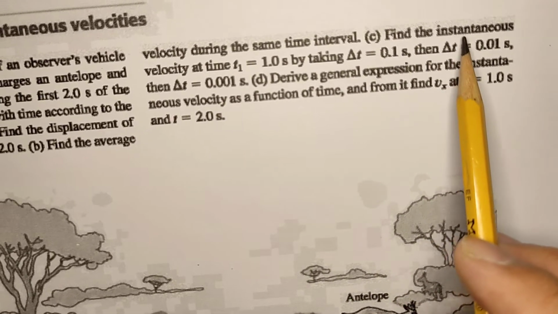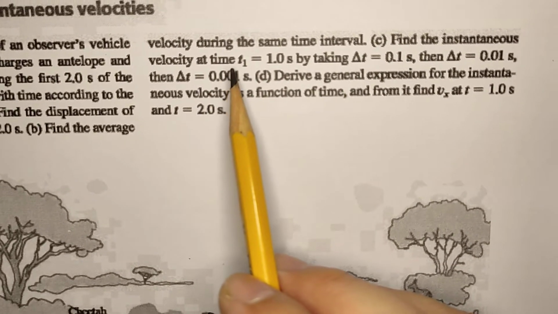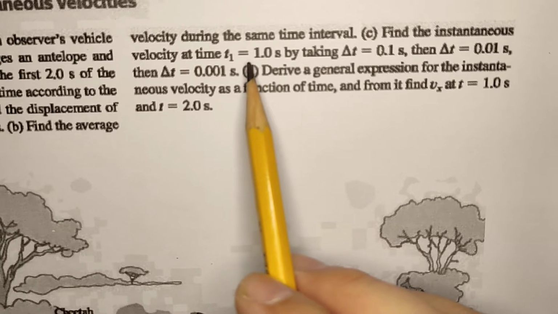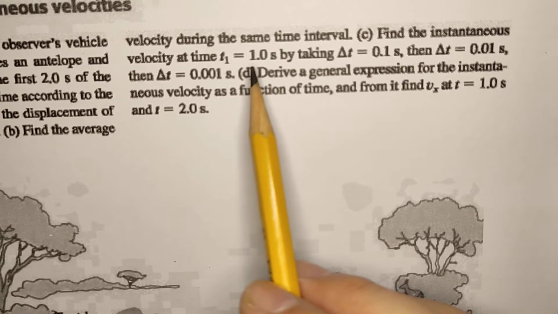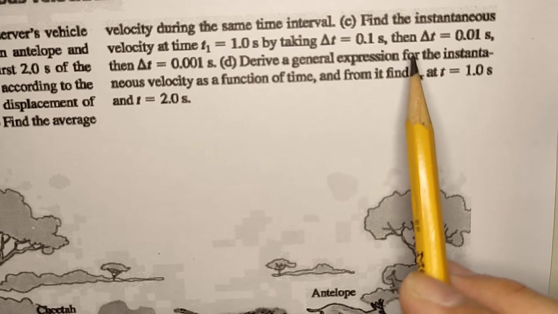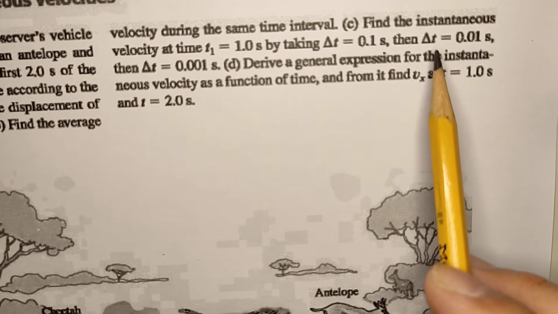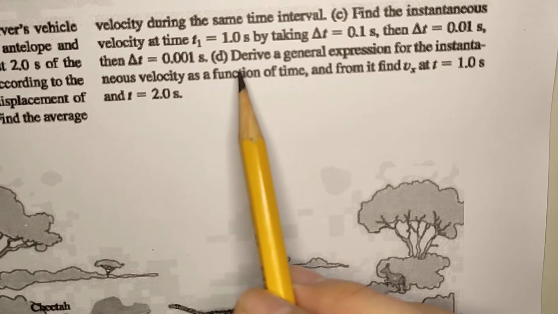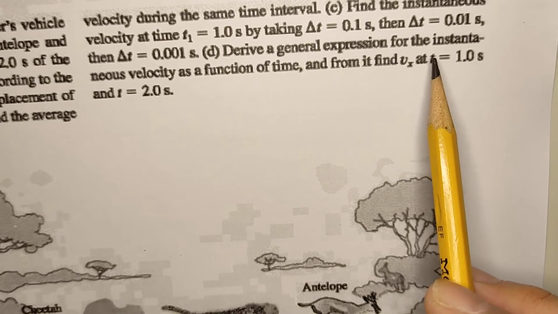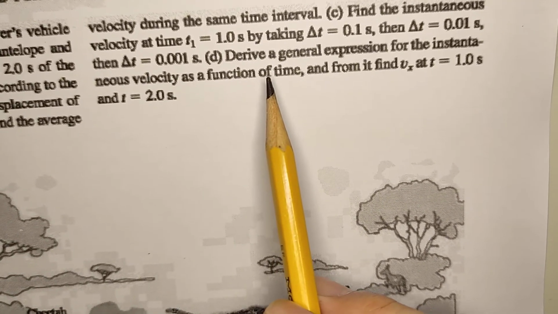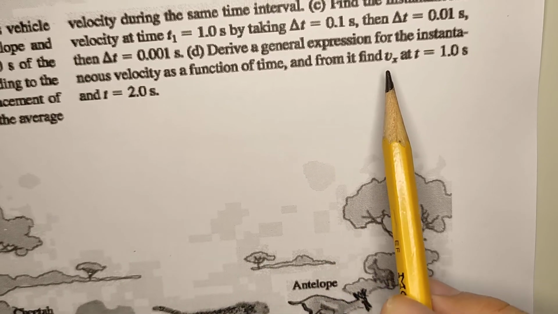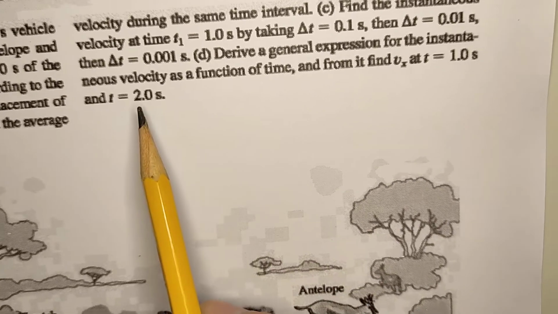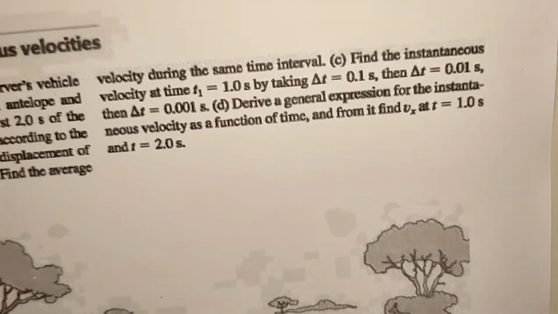Letter C, find the instantaneous velocity at time t1 equals 1.0 seconds by taking delta t 0.1 seconds, then delta t 0.01 seconds, then delta t equals 0.001 seconds. Letter D, derive the general expression for the instantaneous velocity as a function of time, and from it find the instantaneous velocity at t equals 1.0 seconds and t equals 2.0 seconds.